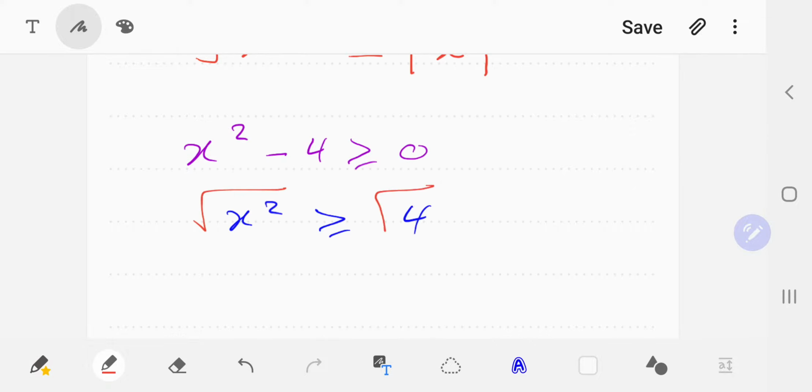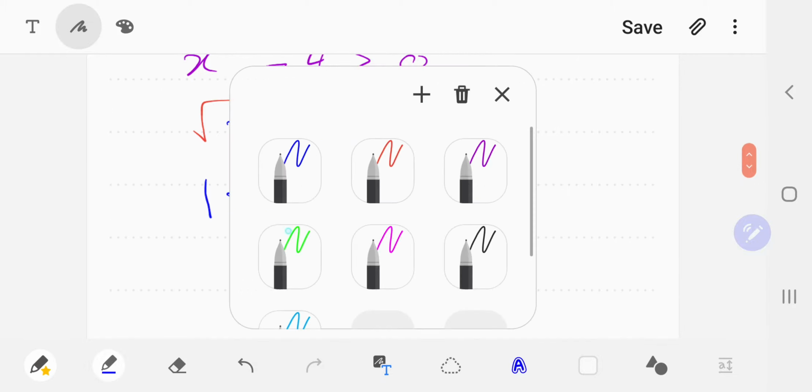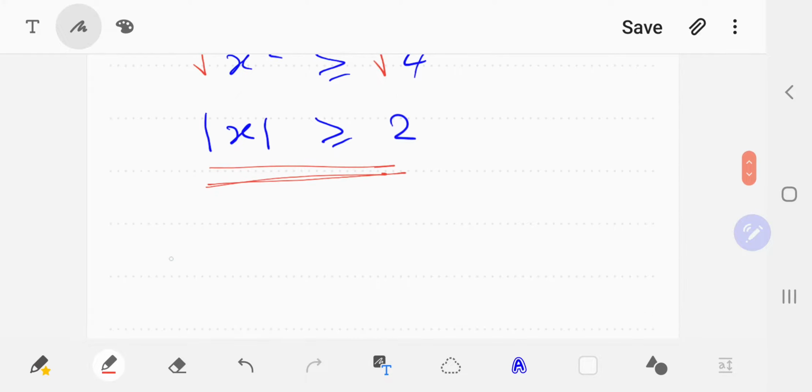Taking the square root, this will be the absolute value of x greater than or equal to positive 2 only. Now it's an absolute value inequality. How do we solve an absolute value inequality? This means x is greater than or equal to 2, or x is less than or equal to negative 2.